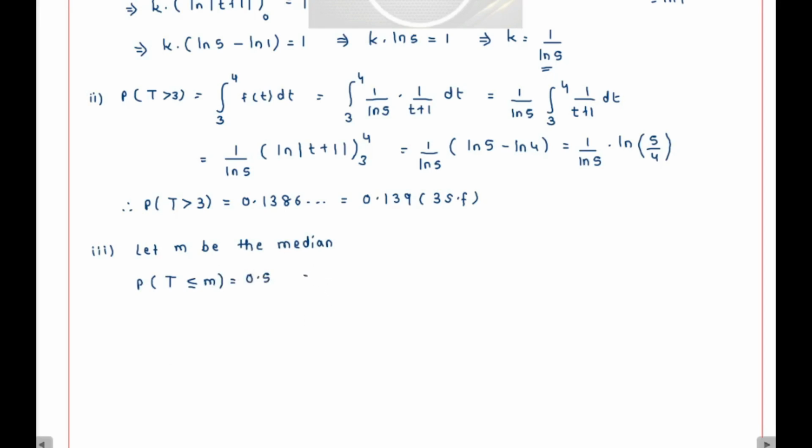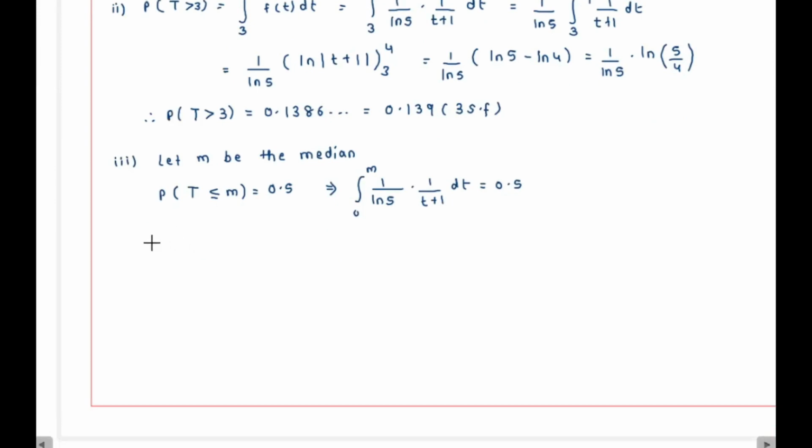Yes or no? So this means if I integrate my f of T, what is my f of T? 1 upon ln 5 into 1 by T plus 1. If I integrate this from 0 to M, this value should be equal to 0.5.